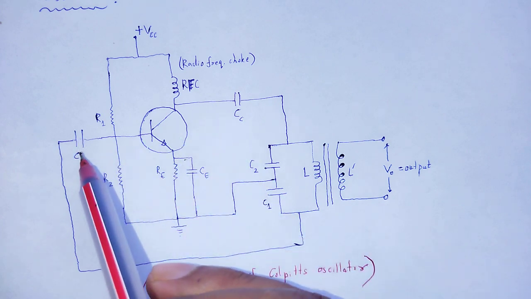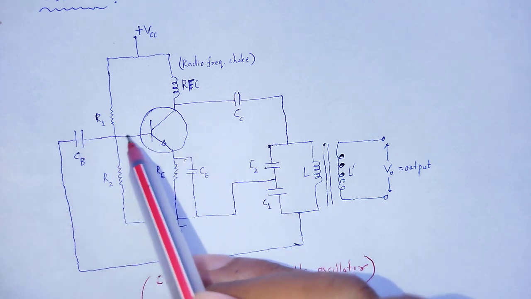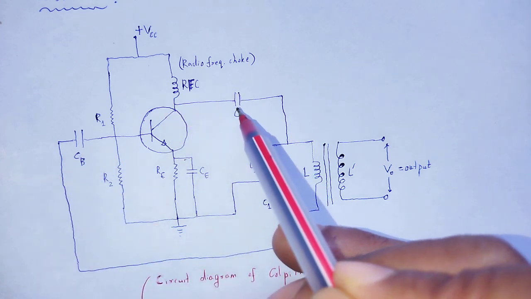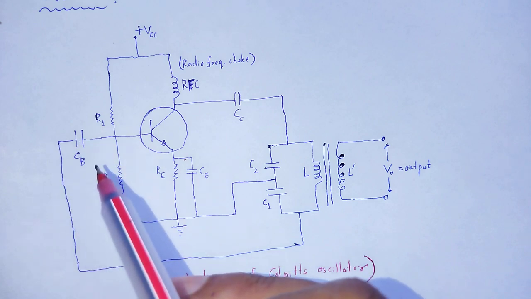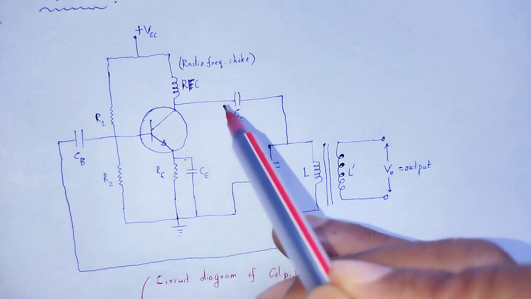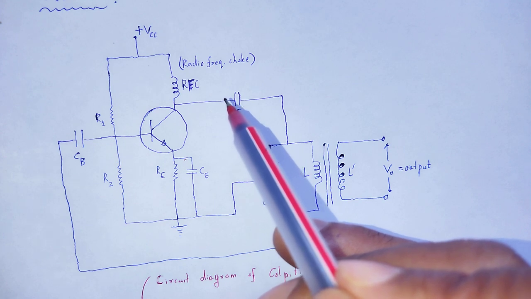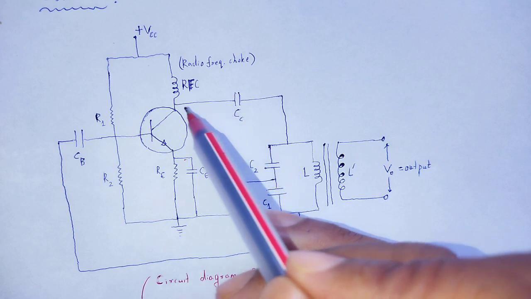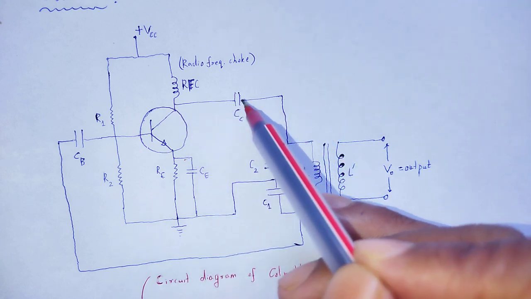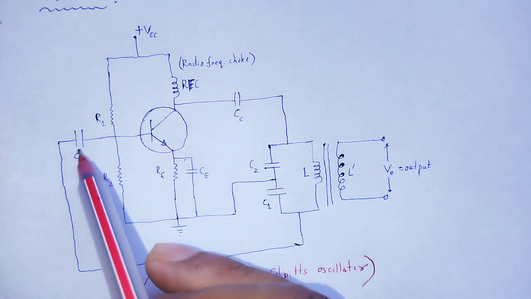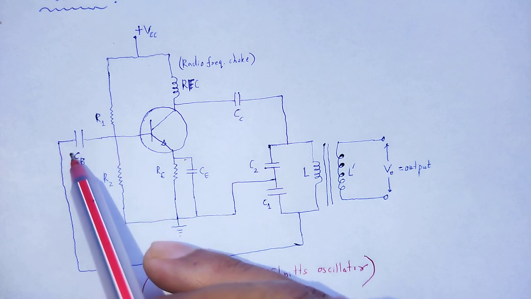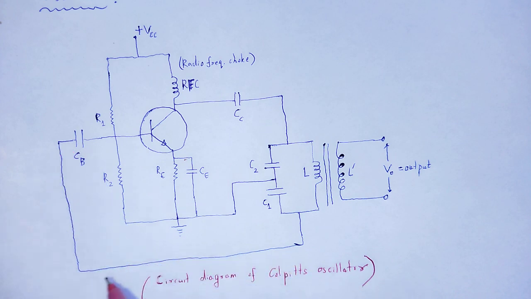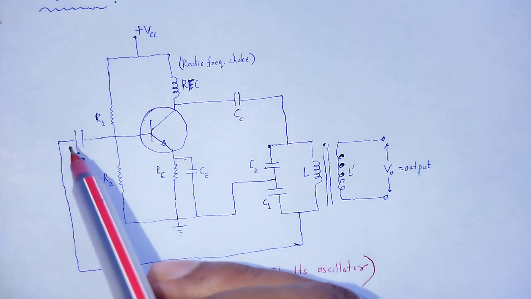Another two capacitors, CB at the base section and CC at the collector section, are called coupling capacitors, and their action is basically for blocking purpose. Blocking in the sense it blocks DC and allows AC through. In case of CB, it allows AC through and obstructs DC.